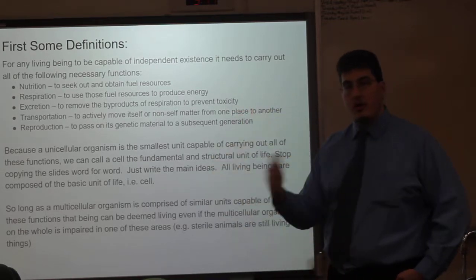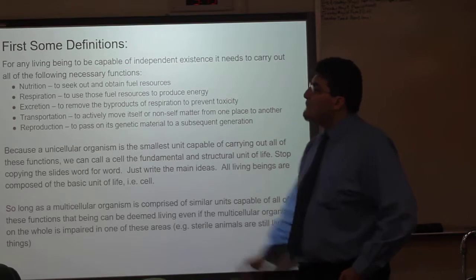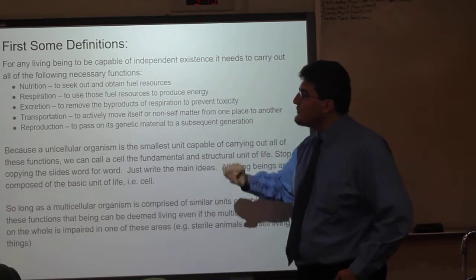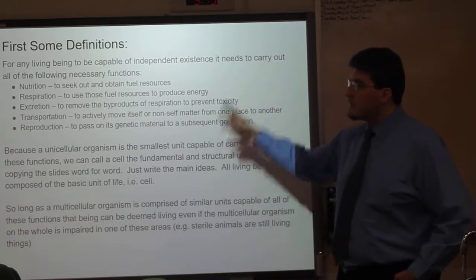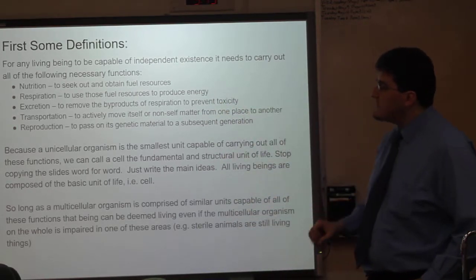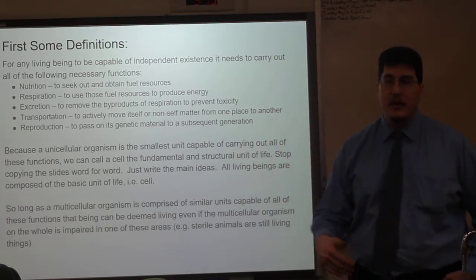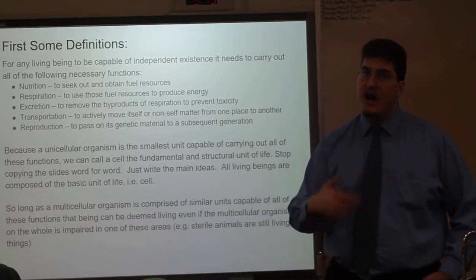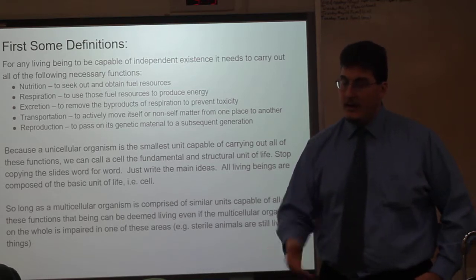So, mules, which are often considered sterile and frequently are, because they are made up of cells that seek out and obtain fuel resources, that use those fuel resources to produce energy, that excrete wastes, that actively move themselves, and the cells reproduce, the mule is still a living thing. Even though the mule does not necessarily reproduce, it is still alive.